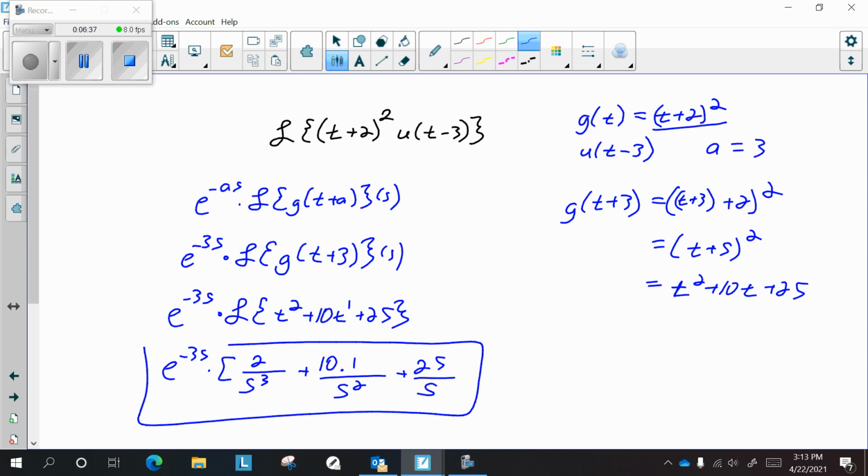So that's our transformation. Notice the inputs did not match there, so we couldn't just do e to the as and then the transformation of our base function squared. We had to translate it essentially to make our inputs work together.